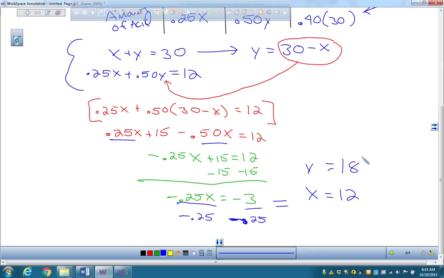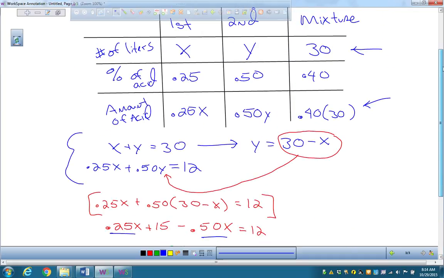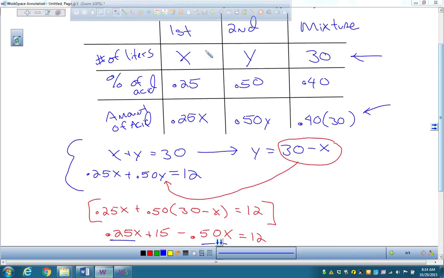So going back up here, let's just look at it real quick to make sure everything makes sense. So this is 12. Let's turn it into different letters. If this was 12 and this is 18, yes, they add up to 30. What's 1/4 of 12? 0.25 times 12.